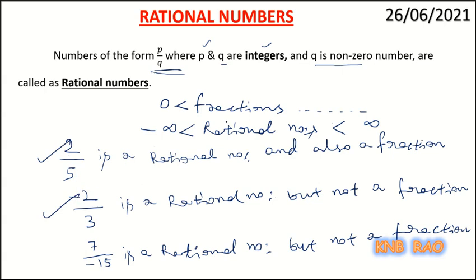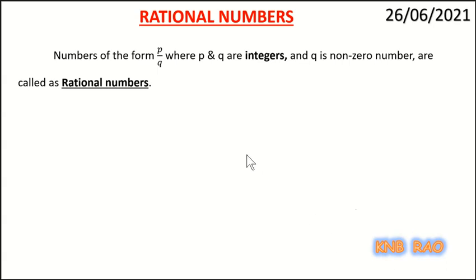Let me take out this and write some other examples. Here as example, as I have taken 2 by 5, it can be minus 2 by 3, or it can be 7 by minus 15, it can be 1, 2, because 1, 2 are all fractions with the denominator 1.